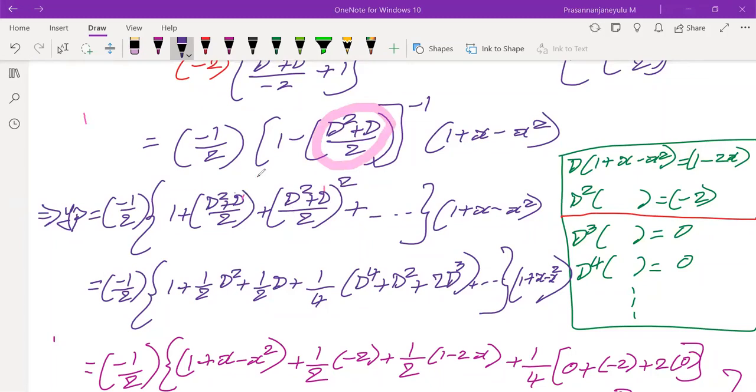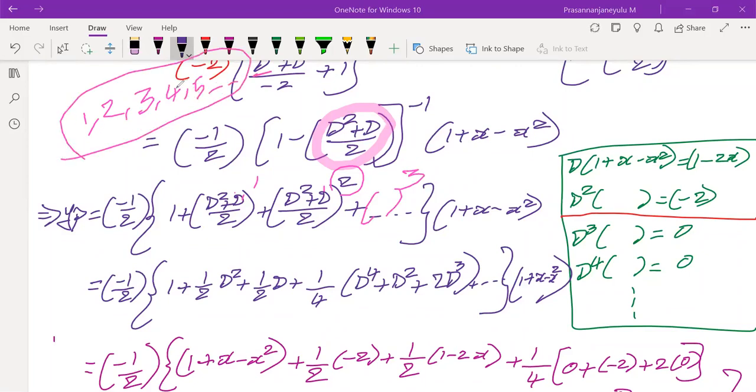So 1 power 1, 1 into 1, multiplied gives 1. 1 into 2, whole power is 2. The next term, whole power 3, is nothing but 1 into 3, then 4, 5, and so on. These are the least powers of D in each and every term of this expansion: 1 plus x square plus x cube plus x power 4 and so on.